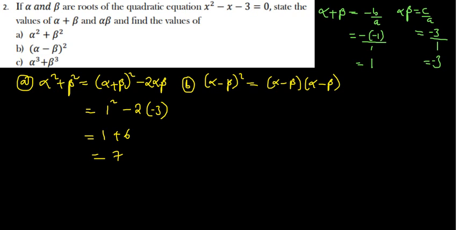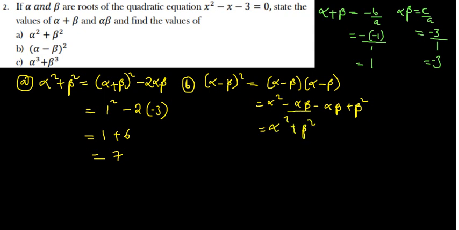So if we get to multiply these two, we are going to get alpha squared minus alpha beta minus alpha beta plus beta squared. We are going to put these two together, and then we are going to pair up also these two together. So I'll get the alpha squared and put it together with the beta squared.